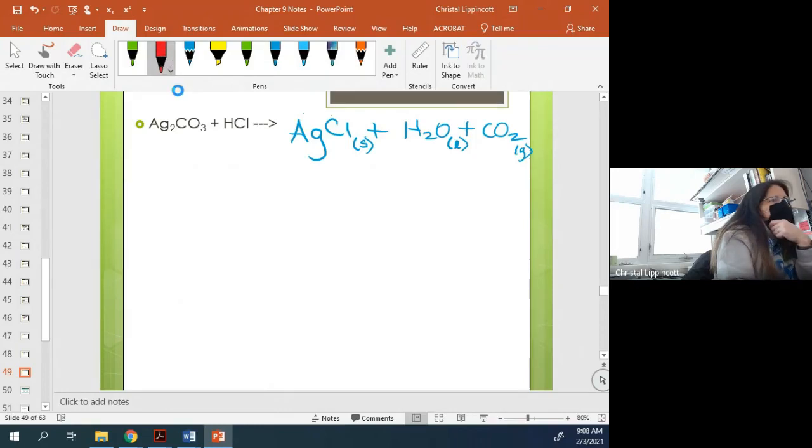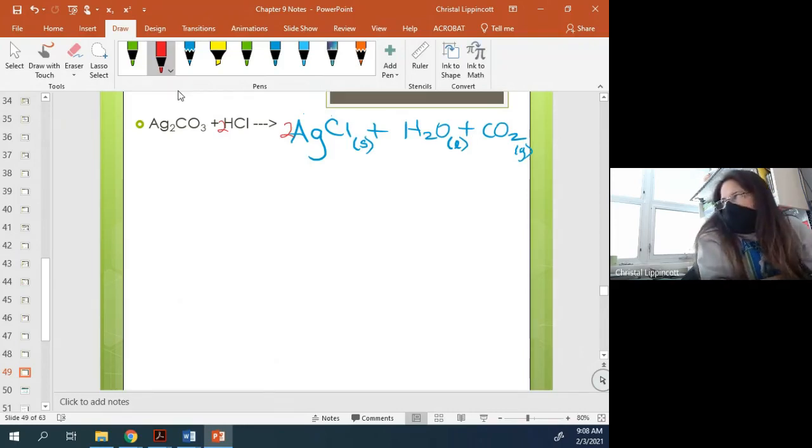And then I need to balance my equation. I think that might have it done. Got 2 chlorine, got 2 hydrogen, got 1 carbon, and I've got 2 oxygens here and 1 here for a total of 3.